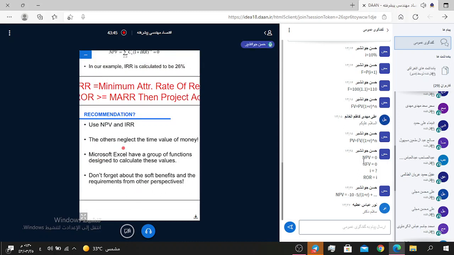The others looked at the time value of money. Microsoft Excel has a group of functions designed to calculate these values. Don't forget about the soft benefits and the requirements from other perspectives.